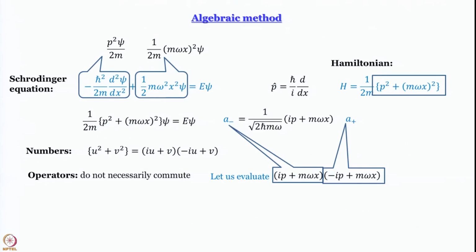Where did that 1 by root over 2 h cross m omega come from? It came from hindsight. We are not the first people working this out. It has been done many times and the people who did it for the first time found out that the subsequent result becomes simpler and more meaningful if we use this factor of 1 by root over 2 h cross m omega.